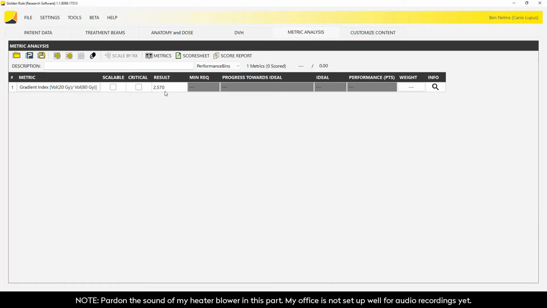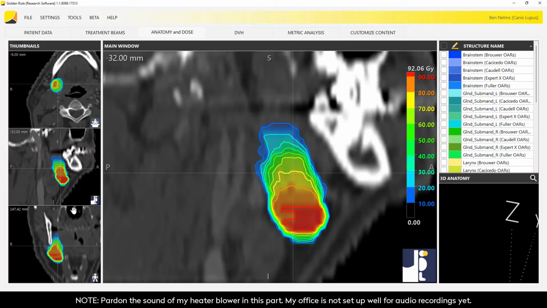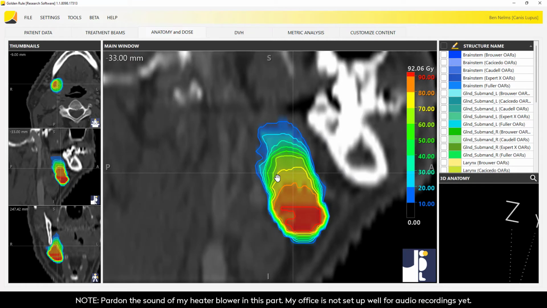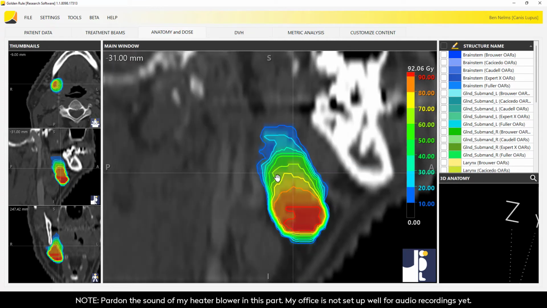The gradient index is 2.570, so it's definitely more variable than the right parotid. Going through again, that seems like the biggest region of disagreement.